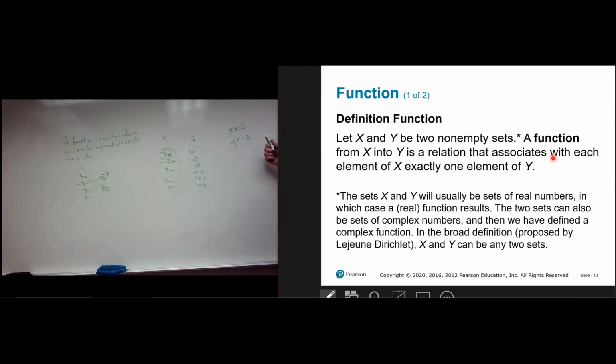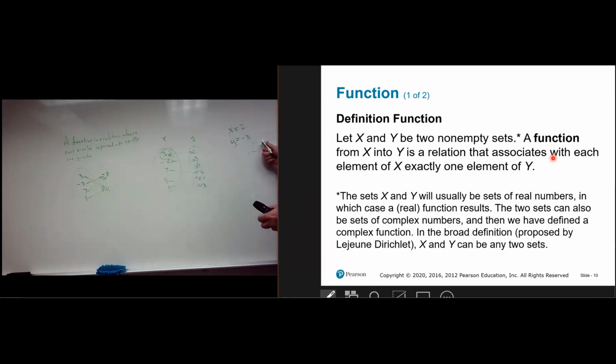The y values are all the same. That's okay, because what that's telling me is that this x value only goes to one y value. This x value only goes to one y value. They all go to one y value, but they're all the same y value, that's fine.